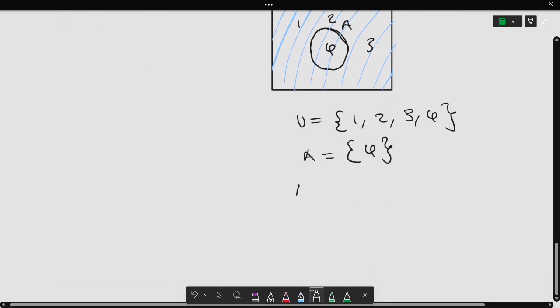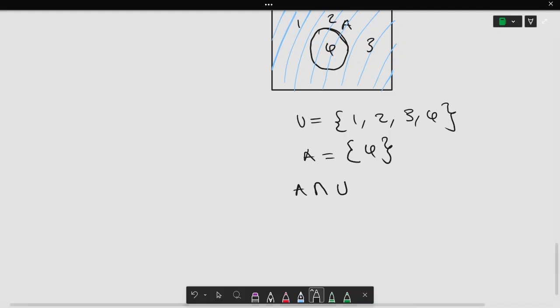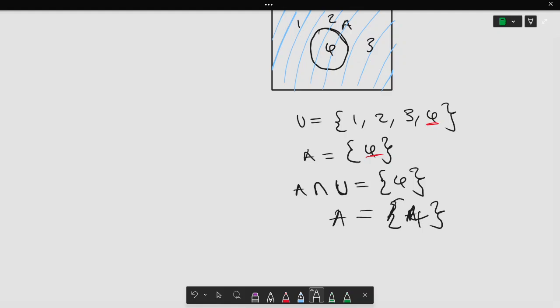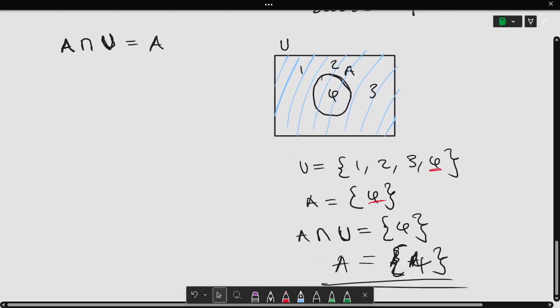Now A intersection U: where are these intersecting? They only intersect on the 4. So A intersection U is just 4. But 4 is also equal to A. So that's where this conclusion is coming from.